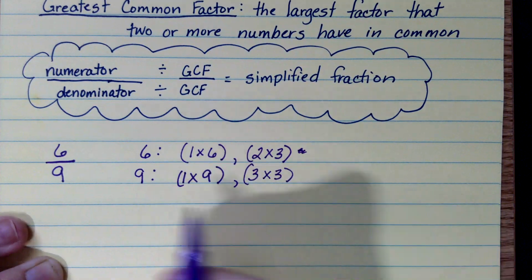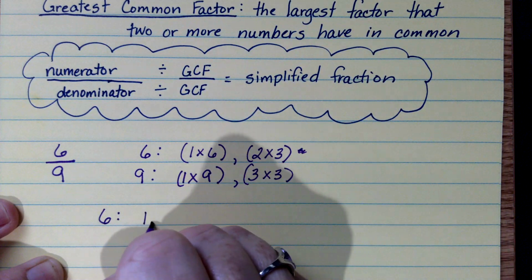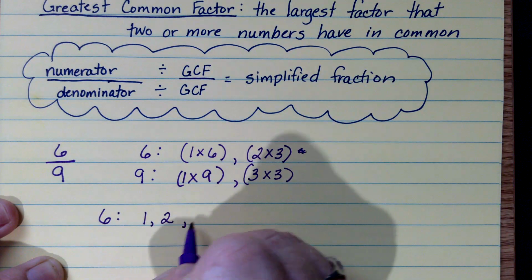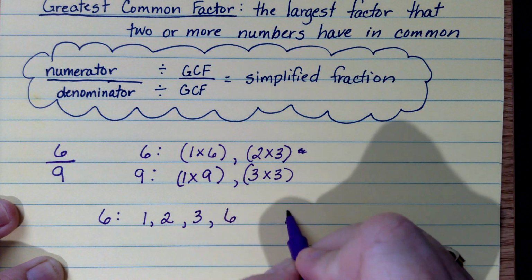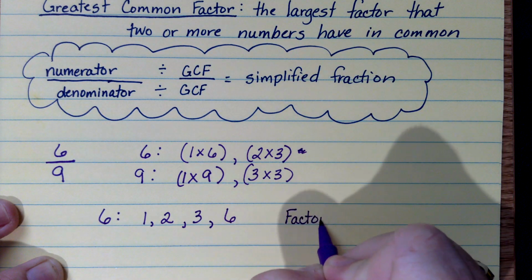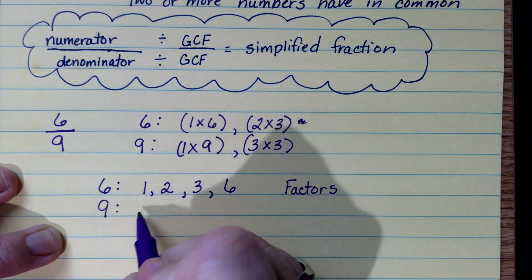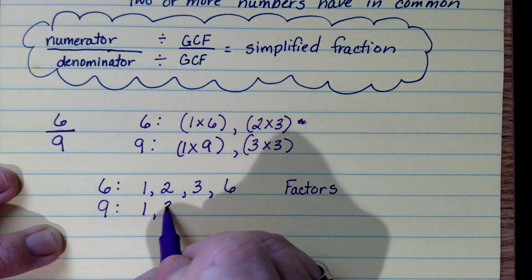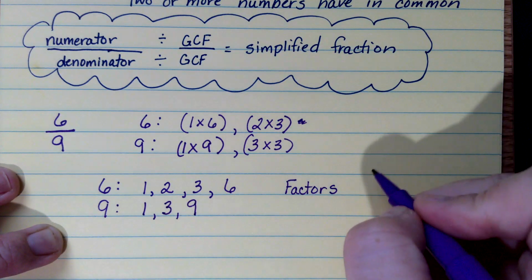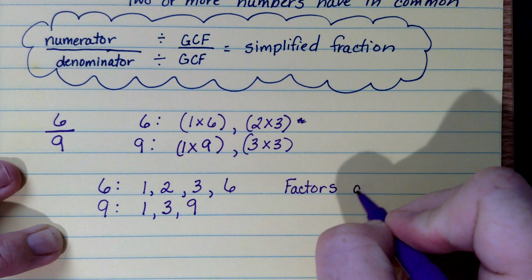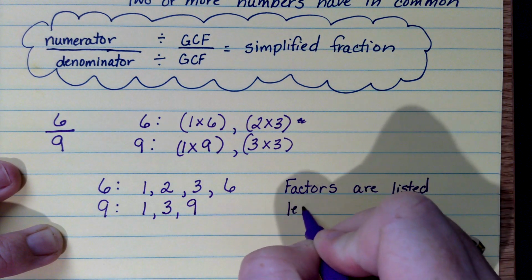So when I list the factors of 6, the factors of 6 are 1, 2, 3, and 6. The factors of 9 are 1, 3, and 9. Notice that I list them from least to greatest.